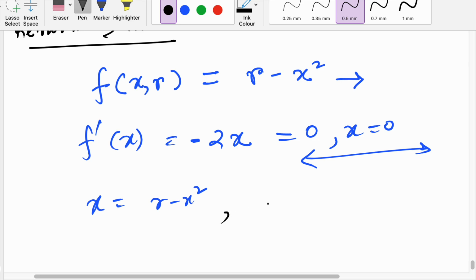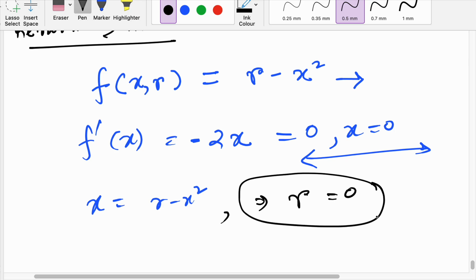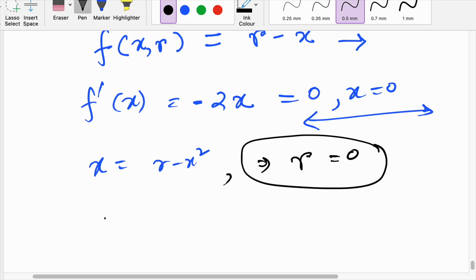If you want to calculate at which value of r this x becomes 0, let's put x = 0, and you get r = 0. So you find that at r = 0 you will see the first superstable orbit.